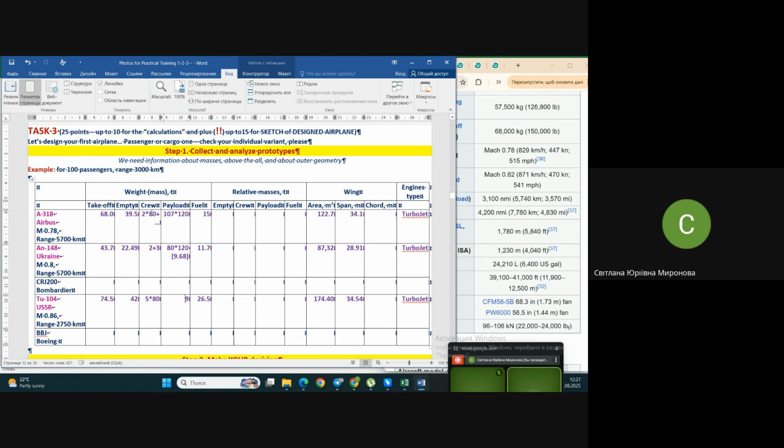These norms we also may find, analyze and use. But what I propose you to do in your first task is simplify it. Let's think that we have, for instance, one steward for 25 passengers. Approximately it corresponds to data that I have found on the internet.